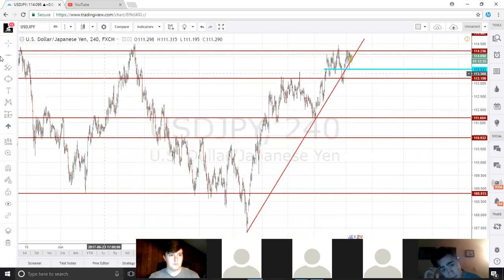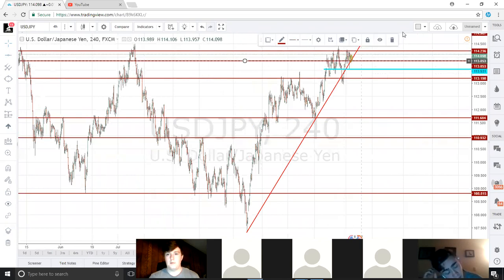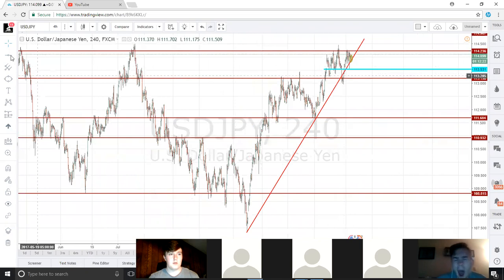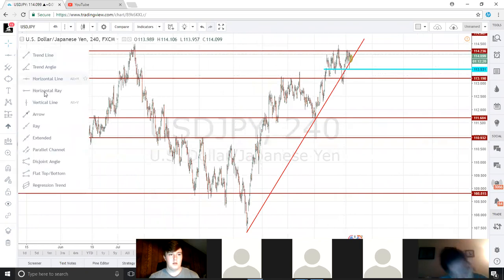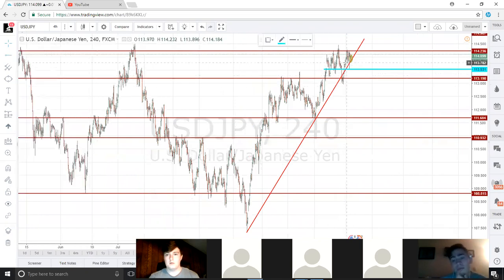So let's say that you took two trades at this entry. So I'm just going to mark this one more time. Two trades at this entry right here. Let me delete this and do a horizontal ray just so it's easier. Cool. So you take two trades at a 0.02 lot.